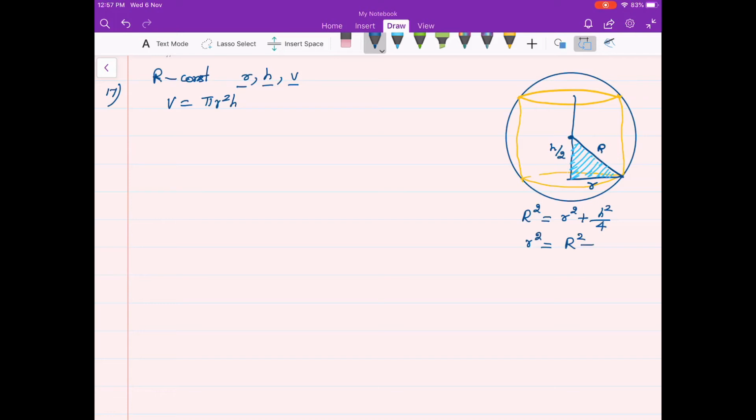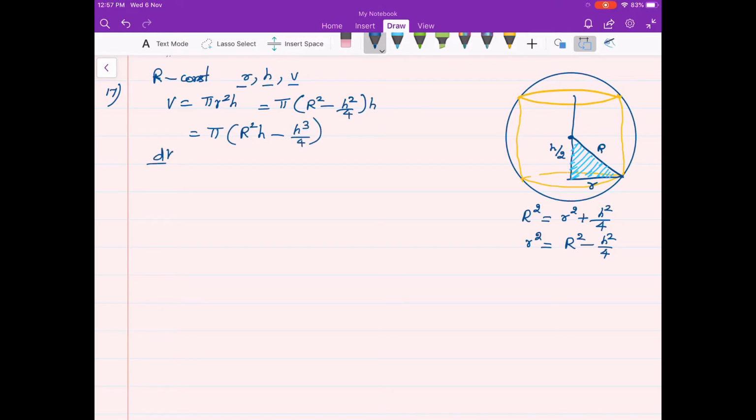We can avoid the square root sign. Therefore, we get pi times R square minus h square by 4 times h. Open the brackets to avoid product rule. R square h minus h cube by 4.